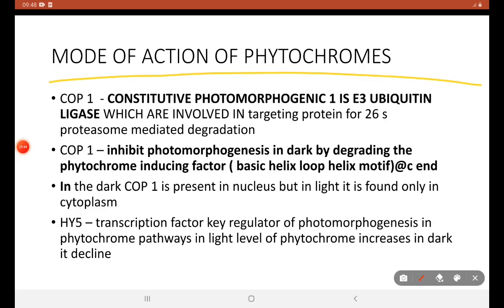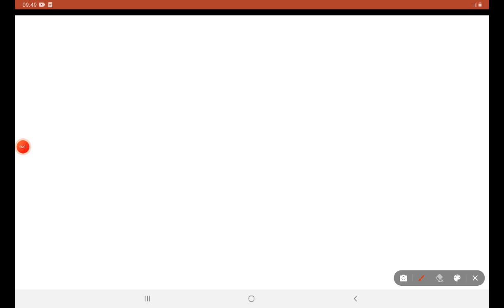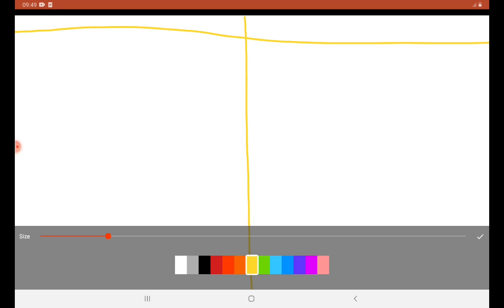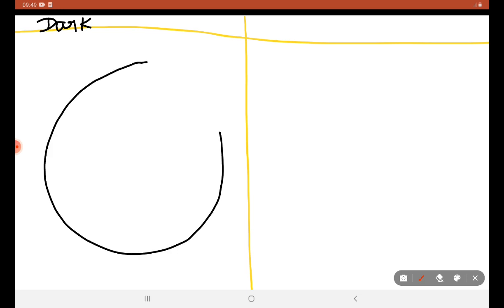Then the mode of action of phytochrome. COP1 is an E3 ubiquitin ligase. HY5 is a transcription factor. This COP1 inhibits photomorphogenesis. So now we will see it as with every signaling pathway we have seen so far. In the case of dark, we have the nucleus.